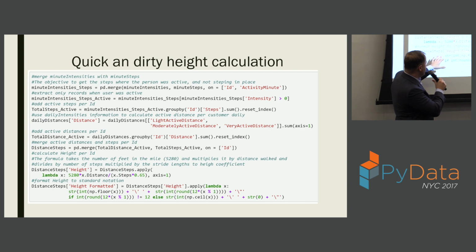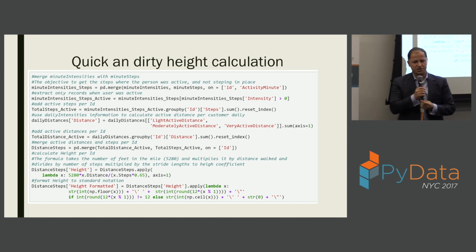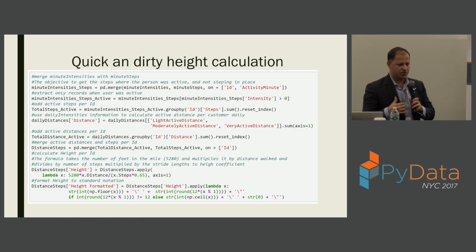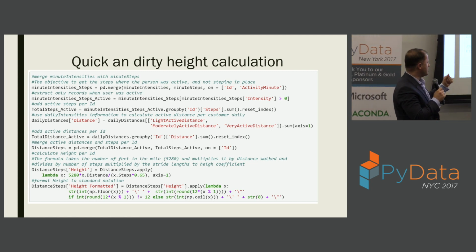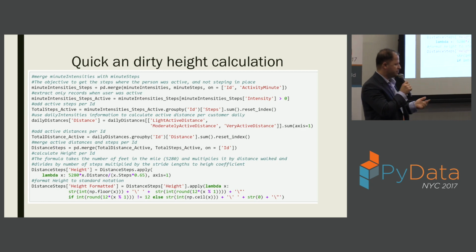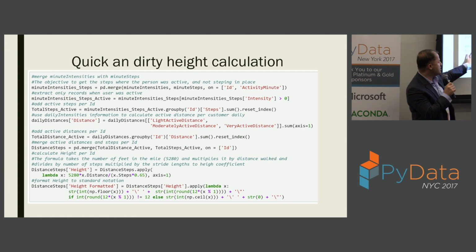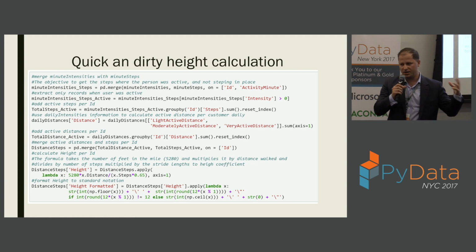Essentially we're using the distance divided by number of steps, multiplied by the coefficient. The coefficient is actually something that was looked up on the web. I believe Fitbit has this coefficient posted, and finally the last line is the formatting of the output.